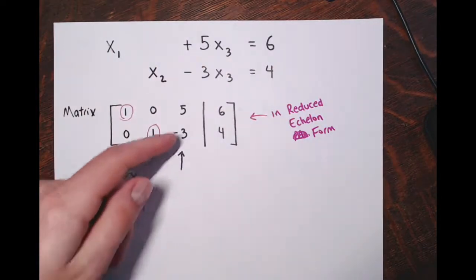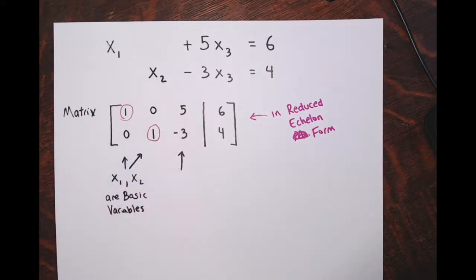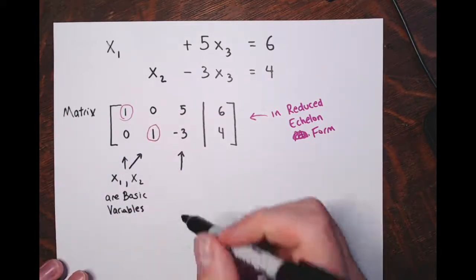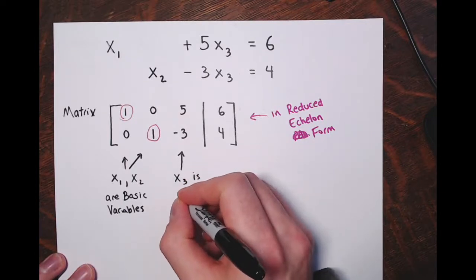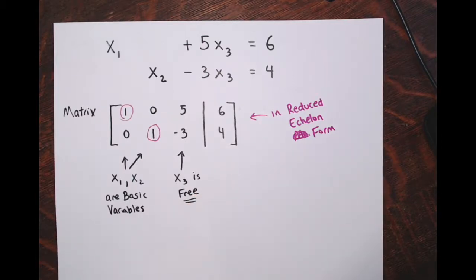The third column does not have one of these pivots. It's a non-pivot column. So the third variable, x3, is again a free variable. Right, is a free variable. Meaning, I can replace x3 with any number I wish and get a solution to this system. Right?